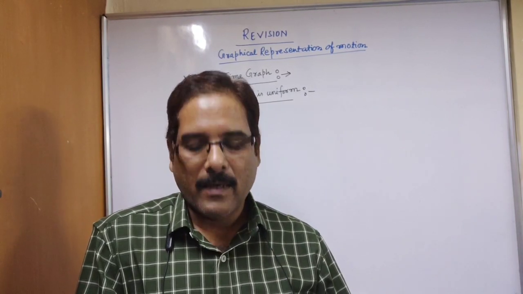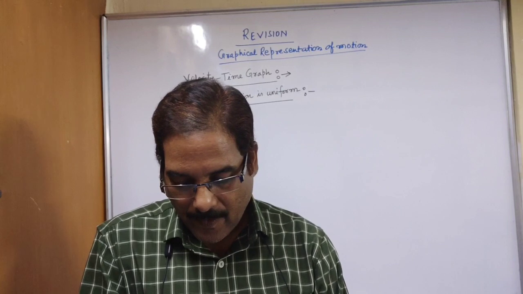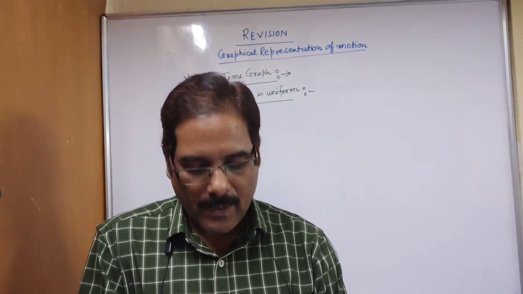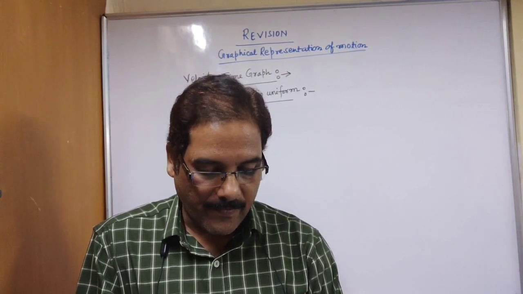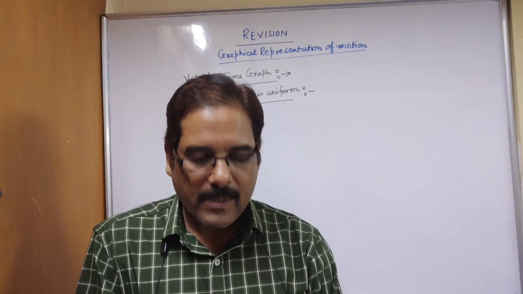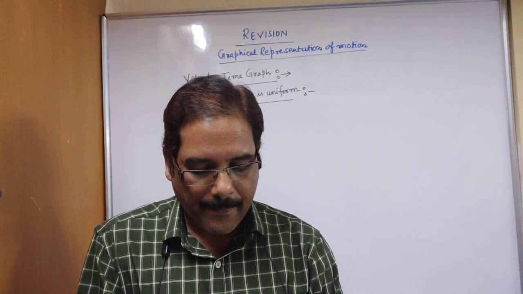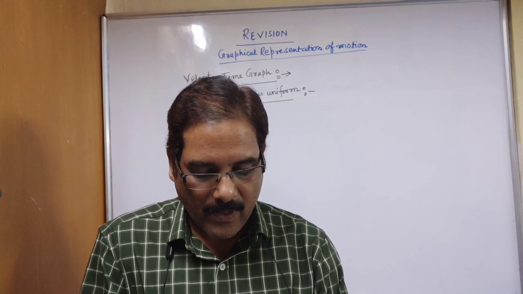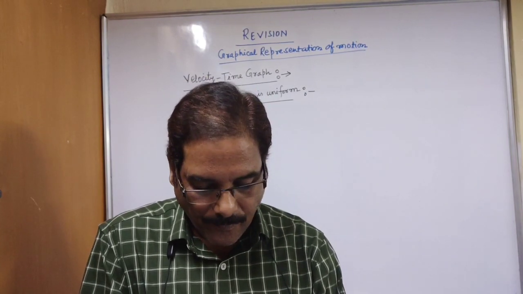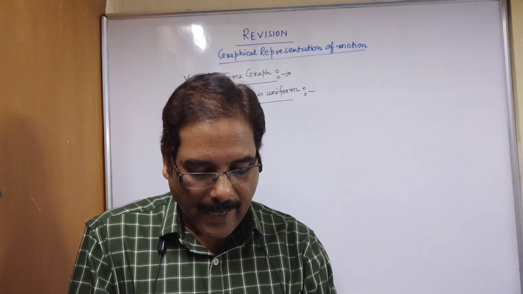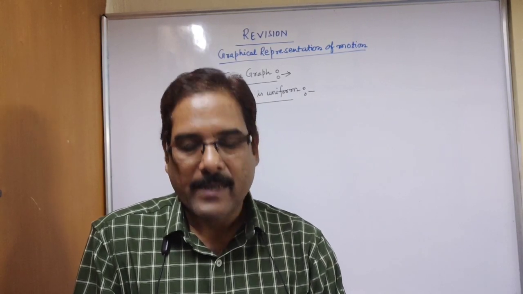I am reading this topic from the NCERT book, page 105, velocity time graph. The variation in velocity with time for an object moving in a straight line can be represented by a velocity time graph. In this graph, time is represented along the x-axis.